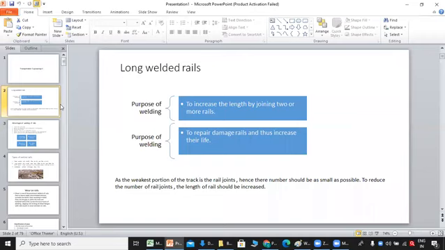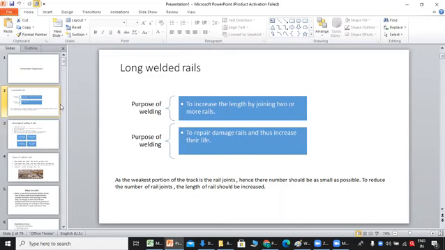You know that two rails are joined by using the fish plate. But in some cases, instead of using a fish plate, we just join two rails by using welding.